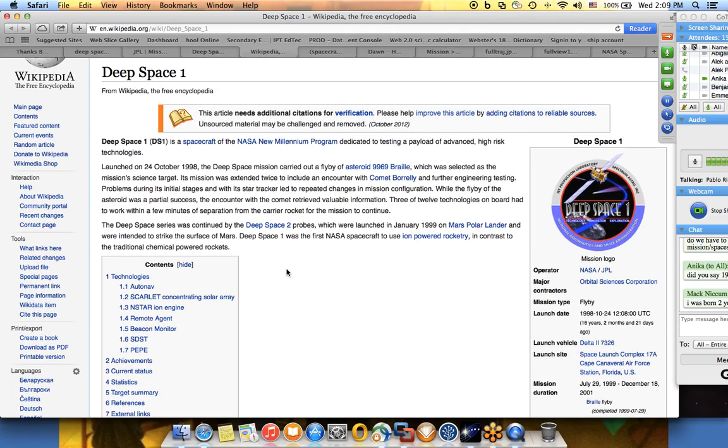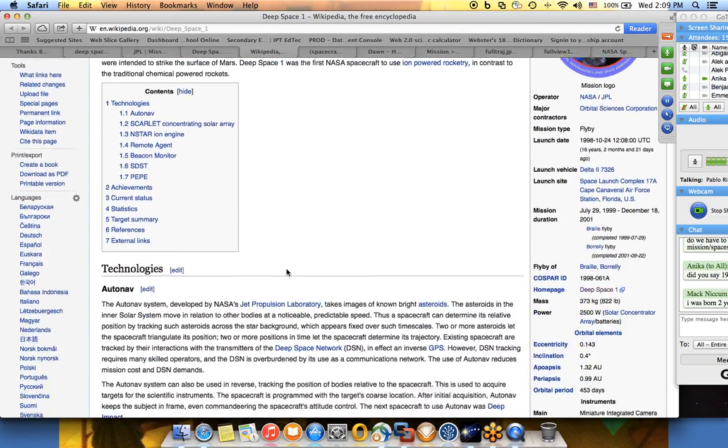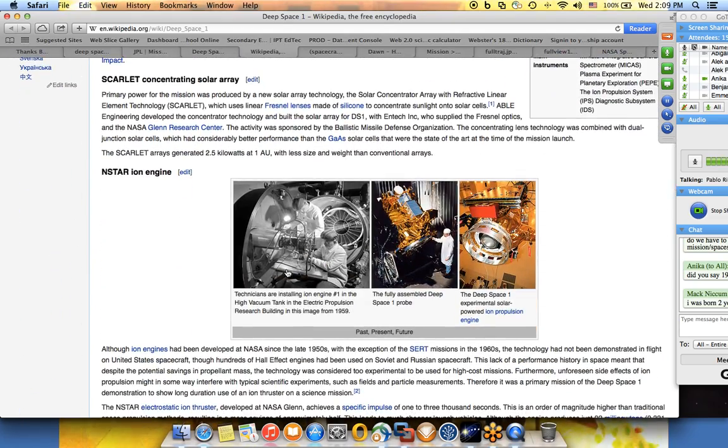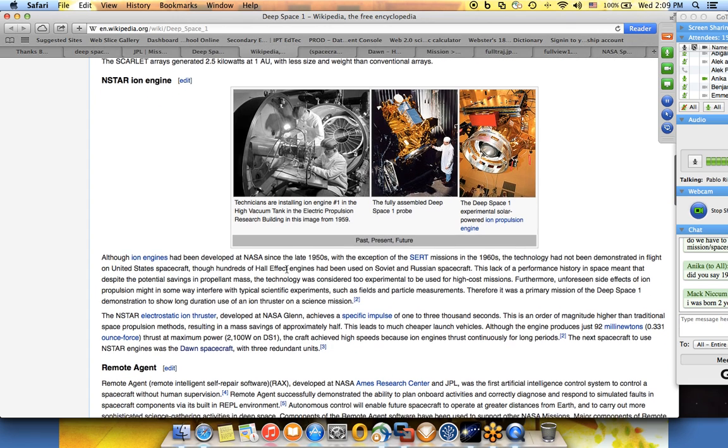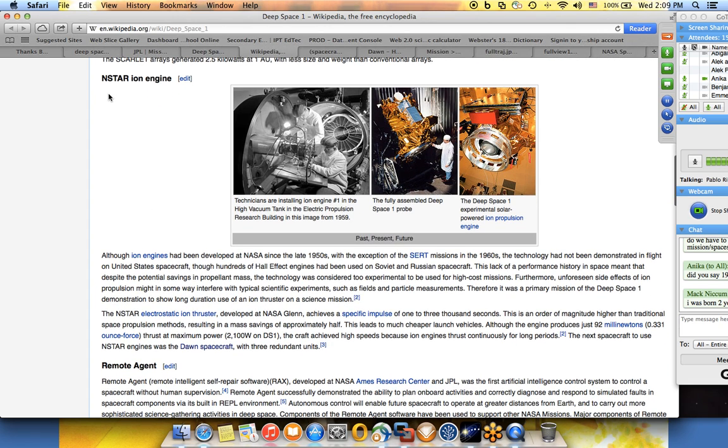In Deep Space One, one of the things that it did was use a new propulsion engine, okay? So once the probe was in space, it needed to accelerate, or sometimes probes need to change trajectory.